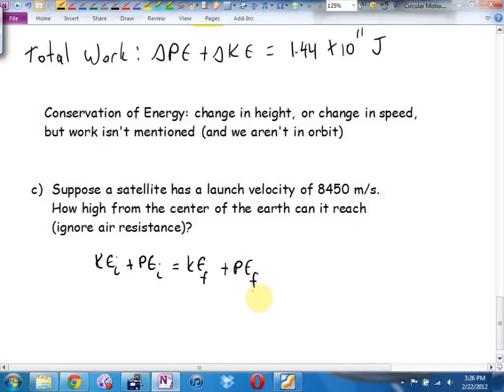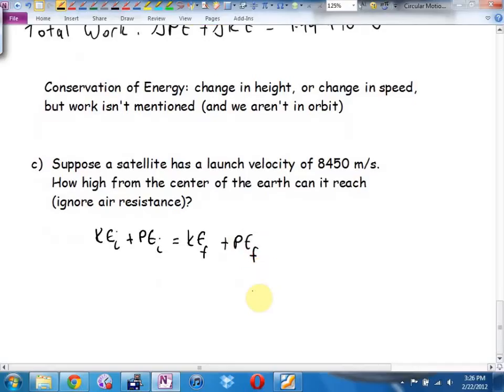Kinetic initial plus potential initial equals kinetic final plus potential final. Are any of these 0? Yeah. Which one? Definitely not initial this time, because they're telling us our launch velocity. Oh, my initial potential, because I'm not using MGH, is not 0.